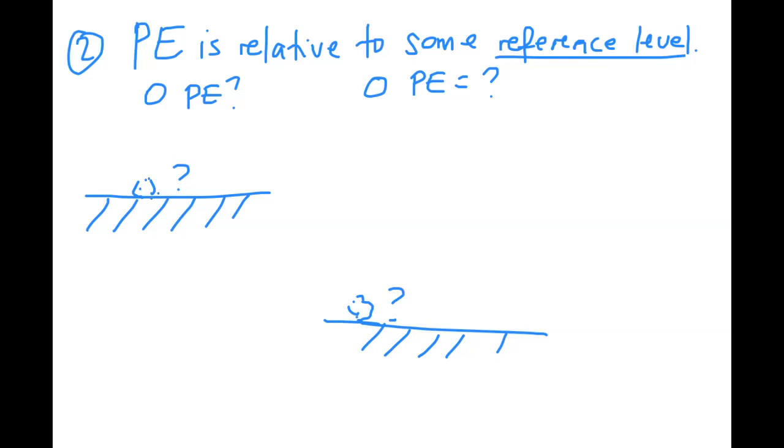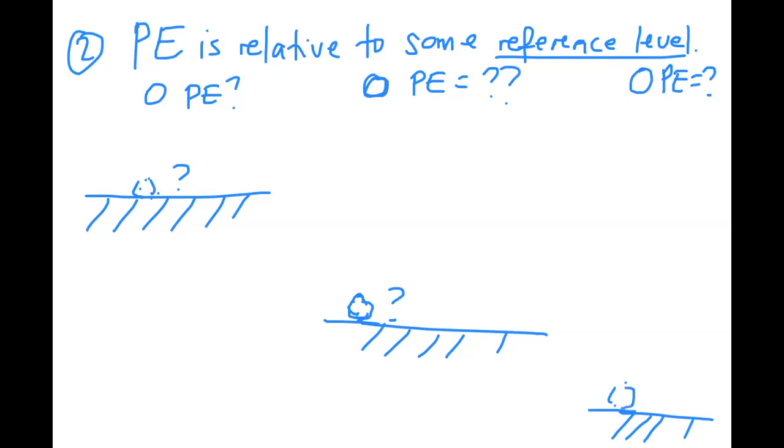Someone calculating potential energy here with respect to this level is going to find a different answer. Or maybe I can have an even bigger height, and then I ask what is the potential energy here for this object with respect to this point.